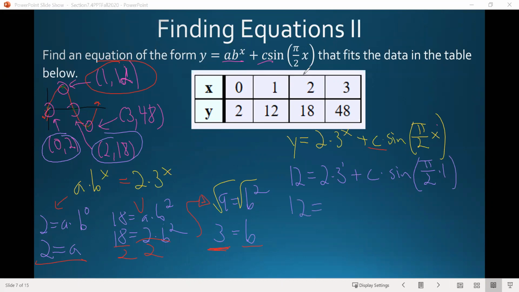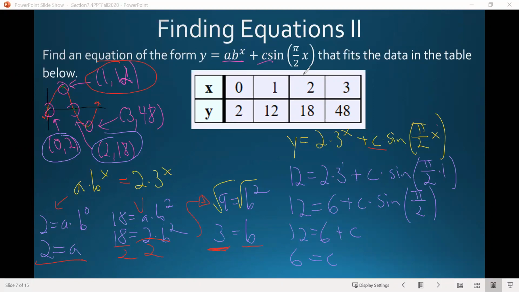That would be 6 plus c times sine of pi over 2. 12 equals 6 plus, sine of pi over 2 is just 1. Again, we get that from the unit circle, and c times 1 is just c. Subtract 6 from both sides, find out that c equals 6.